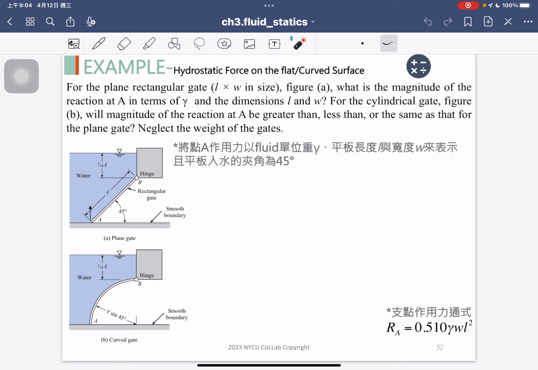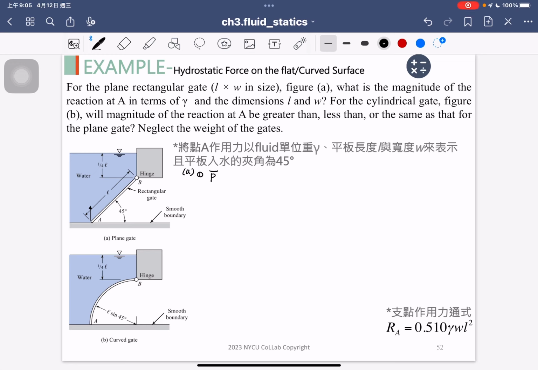So, as I mentioned on the previous slide, for the first part we need to find out the magnitude, how large it is, right? So the first step, step one, we should find out the hydrostatic force. For the hydrostatic force, we need to compute the hydrostatic pressure first.